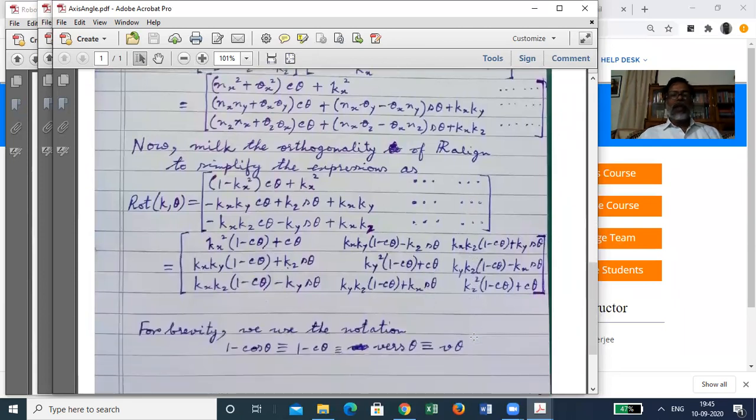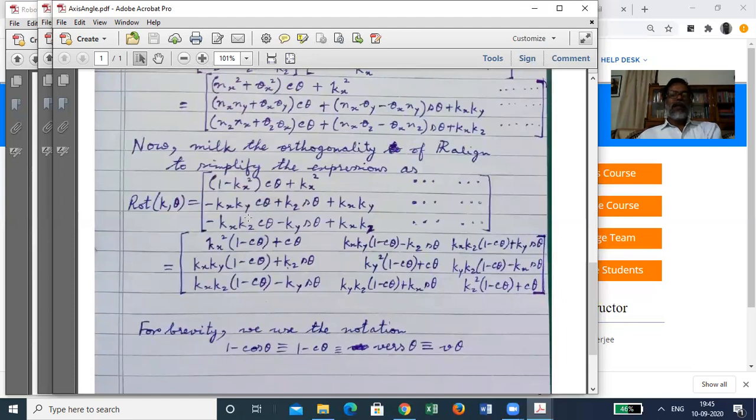Now just a little organization. You have got the expressions in the sense that all the n and o elements are gone. Now the way we write it in the official version of the expression, this kx square and this kx square are taken together, so you get kx square into 1 minus cos theta plus cos theta left separately.